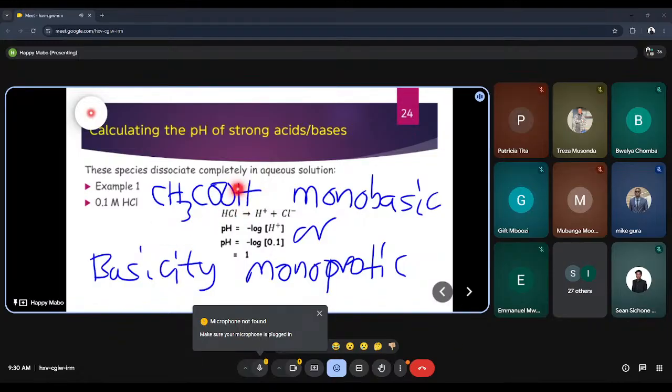Only this one that is connected to the carboxyl group becomes dissociated and is available in solution. So acetic acid as well as HCl are classified as monoprotic acids from the concept of basicity. Basicity refers to the number of replaceable hydrogen ions an acid has. If you look at an acid such as sulfuric acid, let me just write the formula for you.